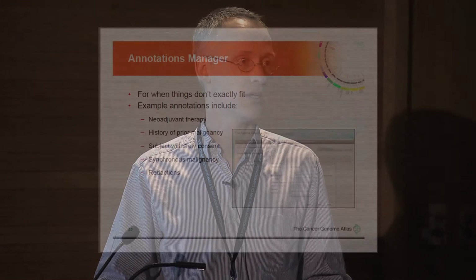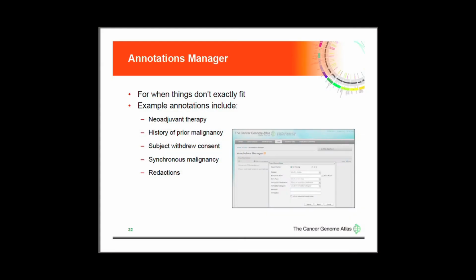If the data have already been made public, there's nothing we can do about that, but to prevent further data from going up, we will put an annotation saying the patient withdrew consent. So there's a lot of information in there. If you find something really exciting in the data, you want to go through and clarify here that there's not something else you're missing.